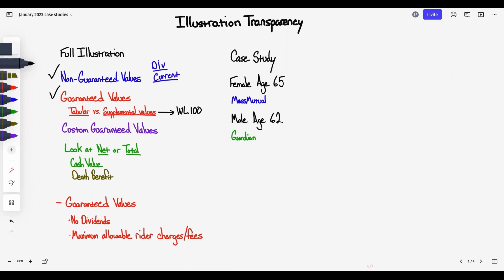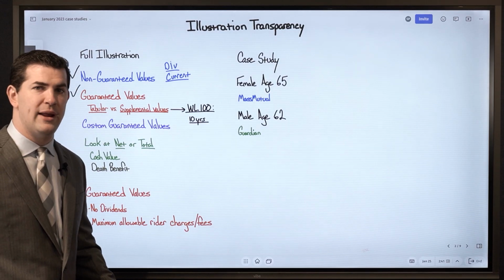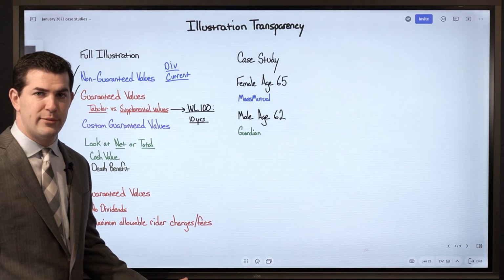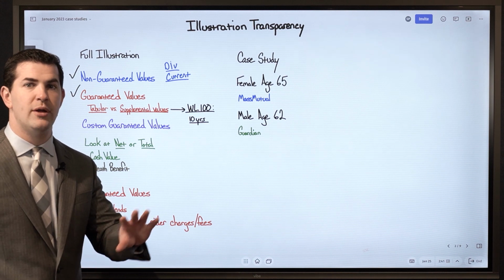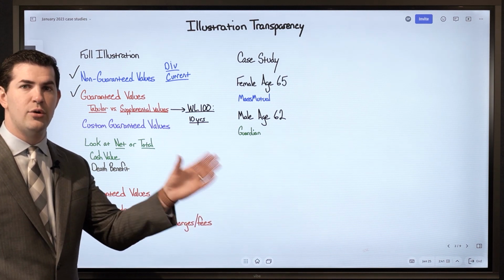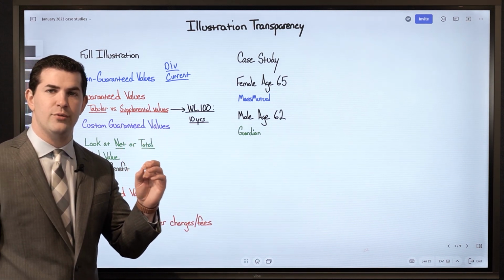Whereas the supplemental values will represent only the custom fund period. So I might take out a whole life 100 policy and design it in a manner where I pay for 10 years and then I stop. I never pay another penny into it. The supplemental values will assume that 10-year funding scenario with zero out of pocket thereafter.